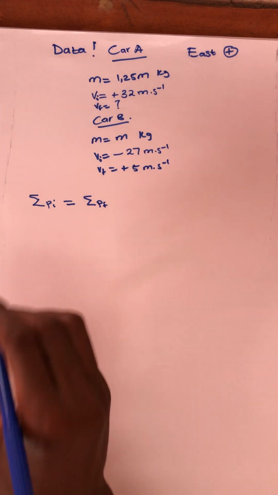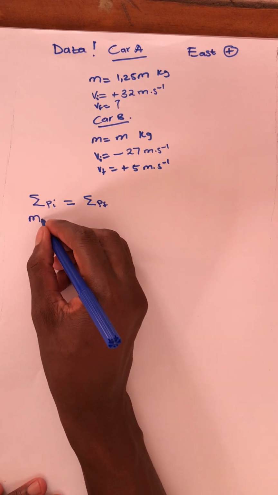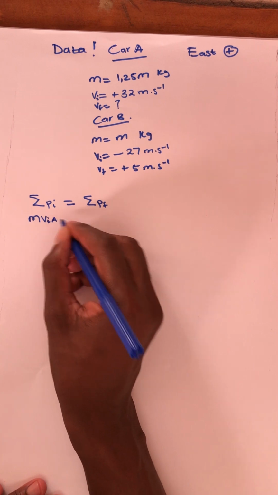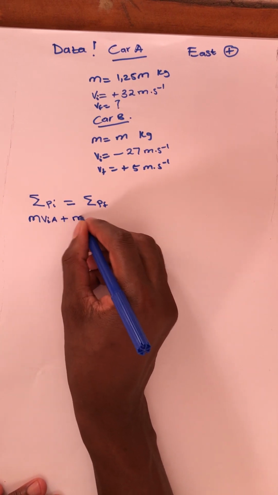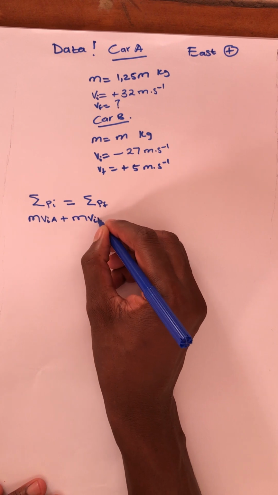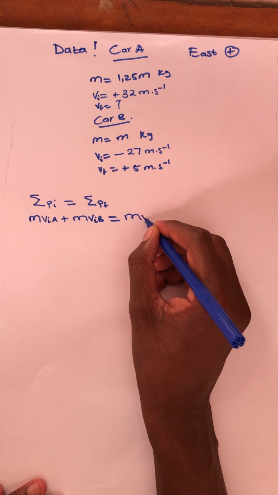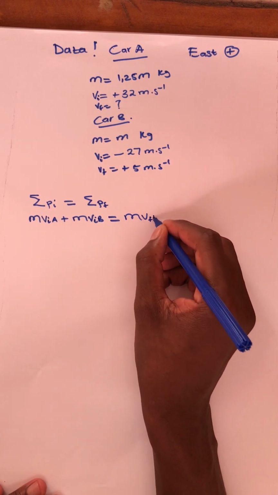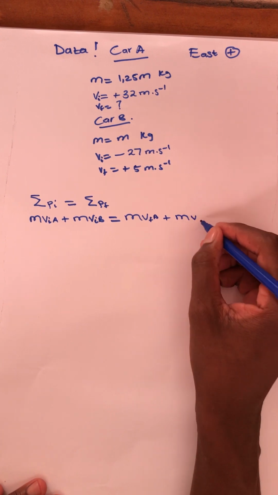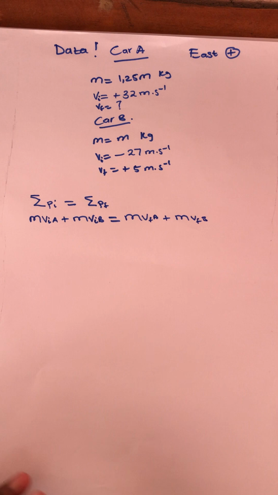So the mass multiplied by the initial velocity of car A plus the mass multiplied by the initial velocity of car B is equal to the mass multiplied by the final velocity of car A plus the mass multiplied by the final velocity of car B. Now we take from the data.